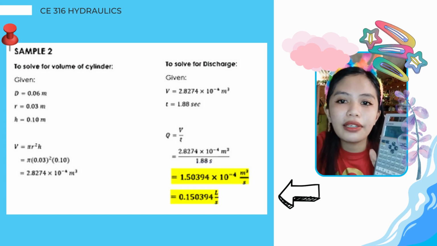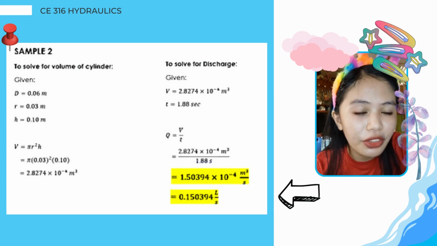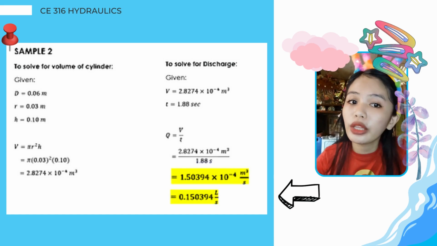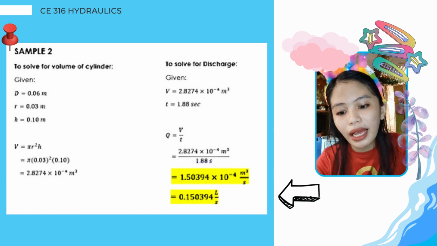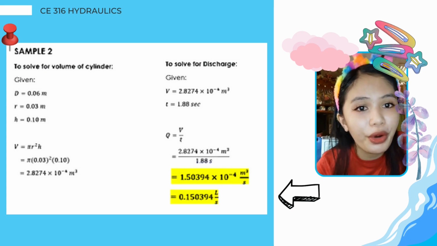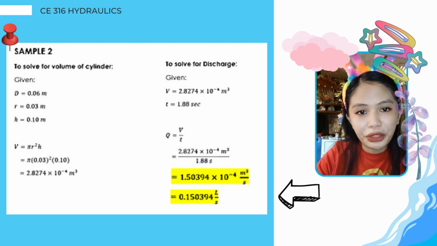Our answer is 1.5394 times 10 to the negative 4 meters cubed per second. To convert it to liters per second, we just multiply it by 1000. So our answer is 0.150394 liters per second.